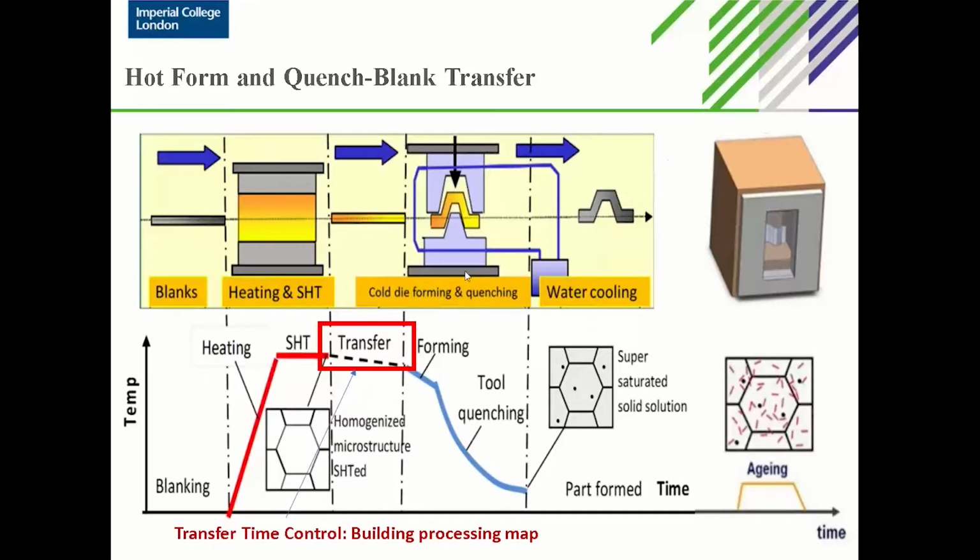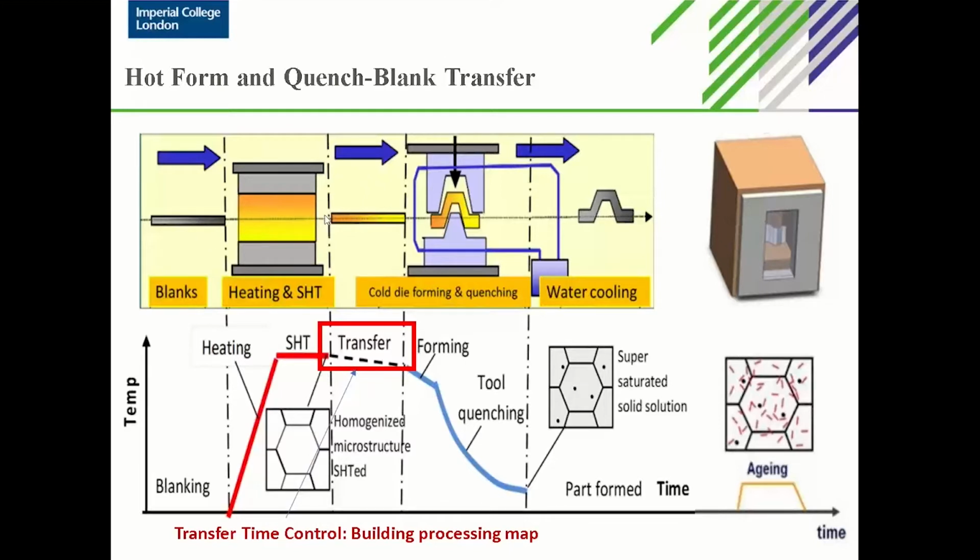So let me first introduce this process briefly. Initially, the material is an aluminium blank, whatever its condition. Later we heat the material to the solution heat treatment temperature, which fully solutionizes any of the precipitates inside the blank.